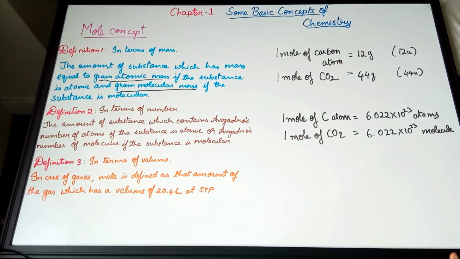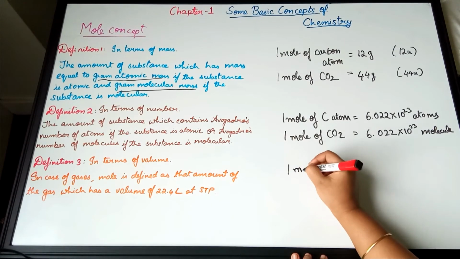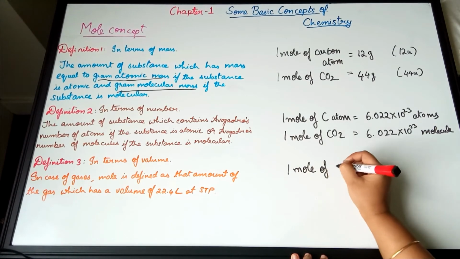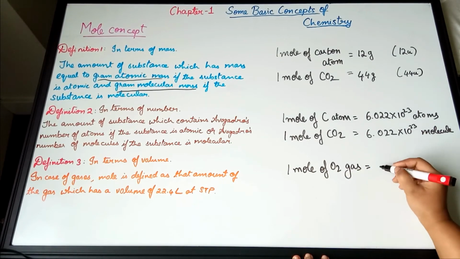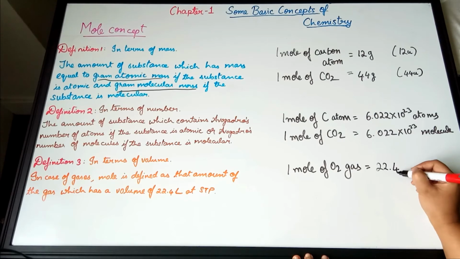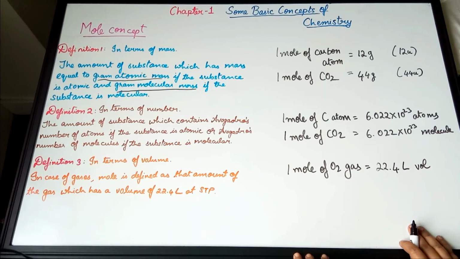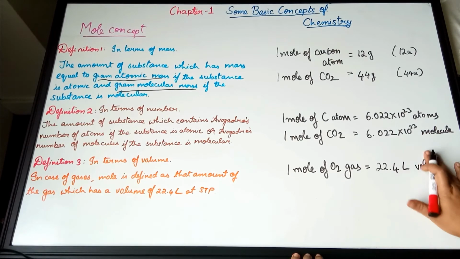The third definition is with respect to volume. So let's take 1 mole of oxygen gas, which will have 22.4 liters of volume. Or rather, 1 mole of oxygen gas is 22.4 liters of oxygen at STP.